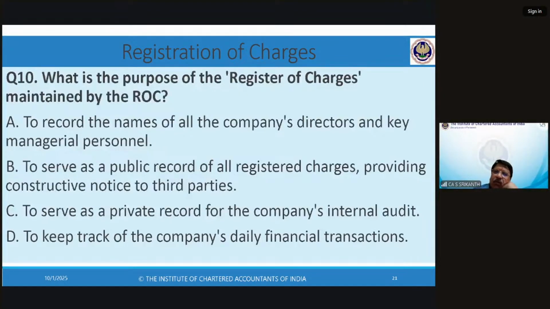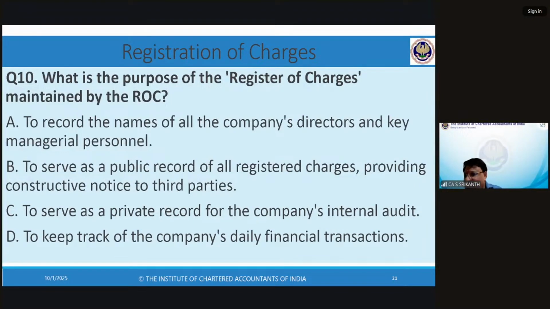Okay. What is the purpose of the register of charges maintained by the ROC? Once you finish this, I want to go back to the slides again.